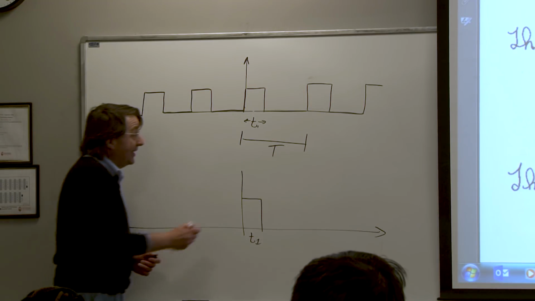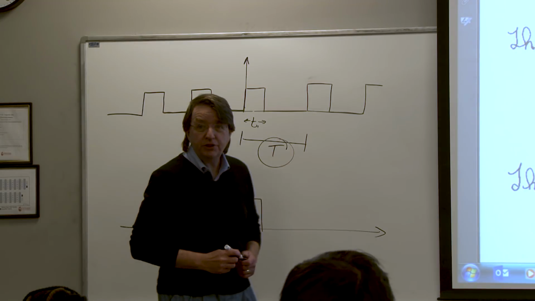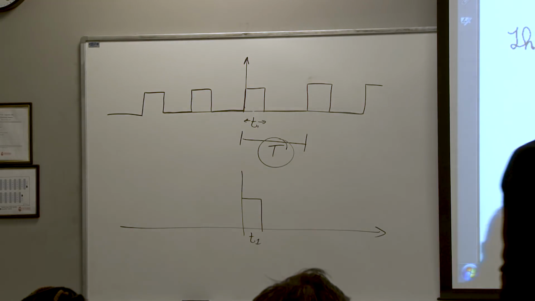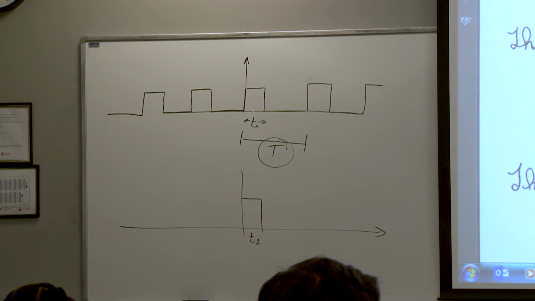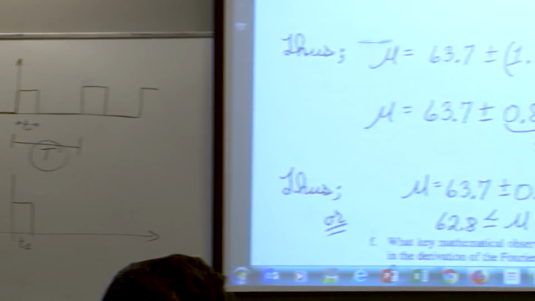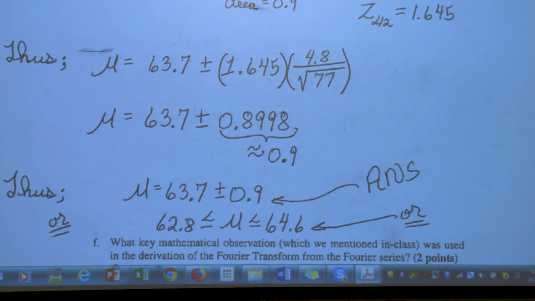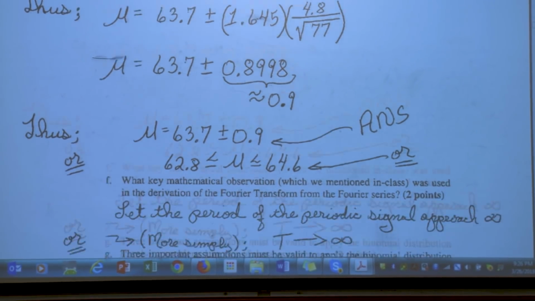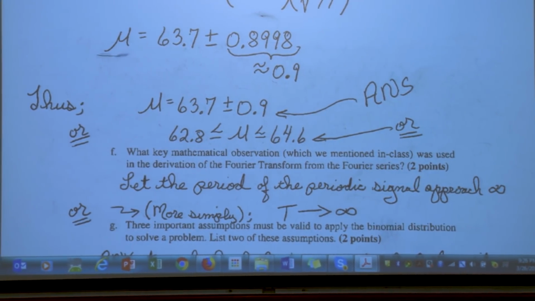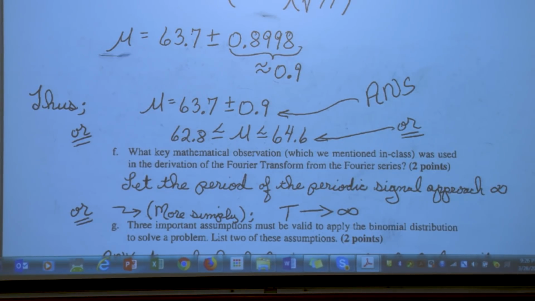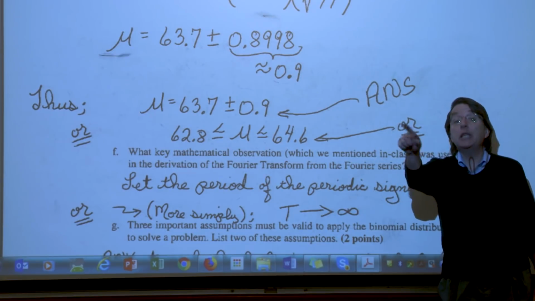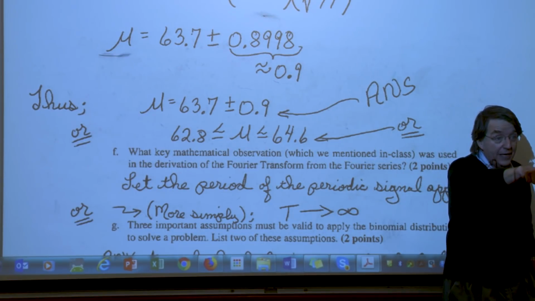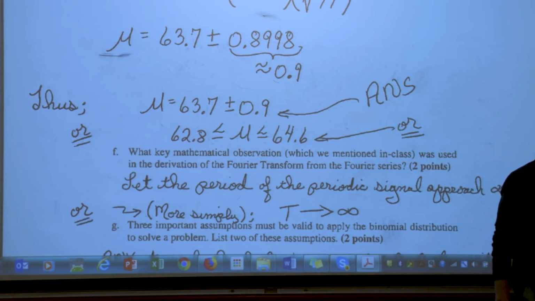Fantastic. Let capital T approach infinity. So what happens is you let capital T go to infinity, and in this case, our periodic signal becomes non-periodic. So what Fourier could do then is go back to the Fourier series and take the limit of the Fourier series as capital T goes to infinity.